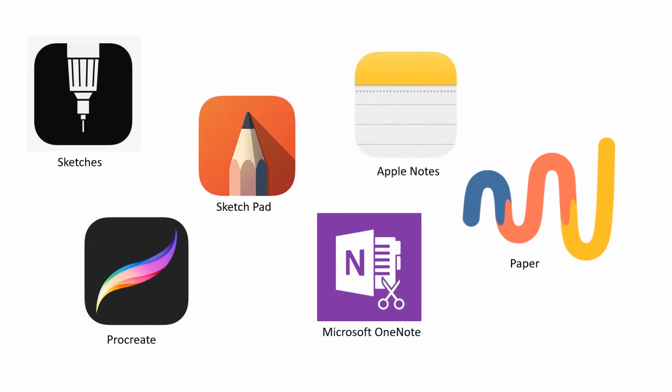So there are a number of apps out there for tablets and smartphones and laptops that will let you either draw directly into them or import images from elsewhere. I will highlight Microsoft OneNote because as a Brock student, you have access to the Microsoft Office collection of apps.